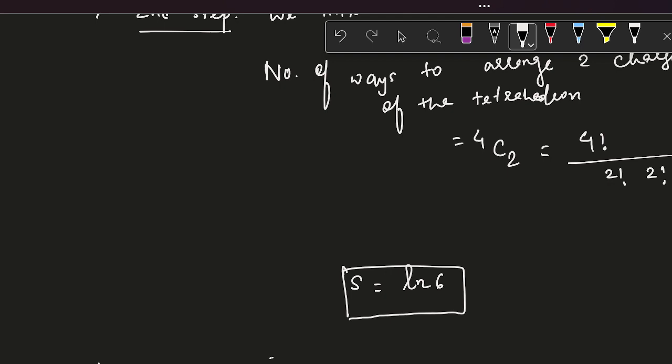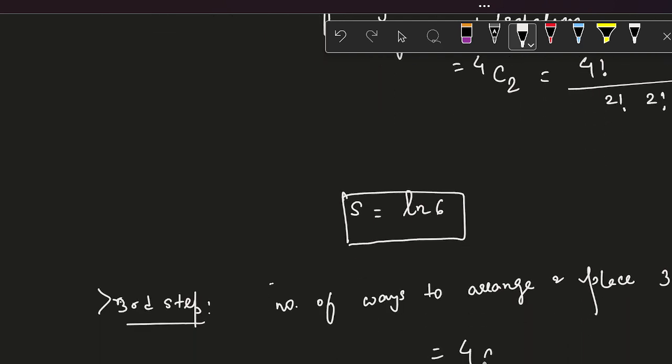So number of ways to arrange or place three charges at 4 possible corners or possible places of the tetrahedron is nothing but your 4C3.